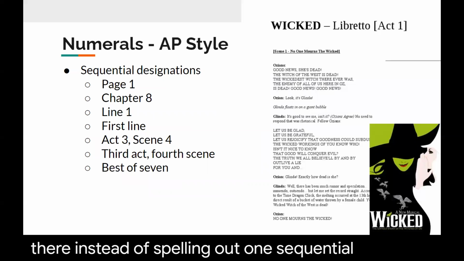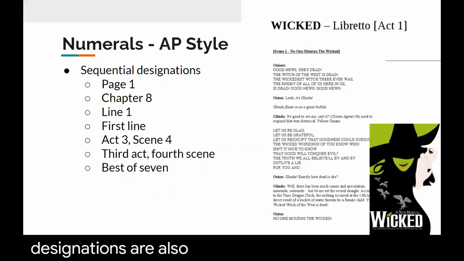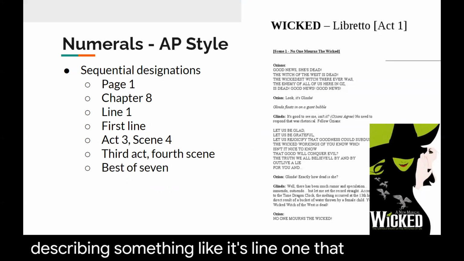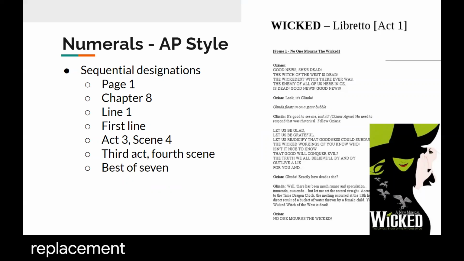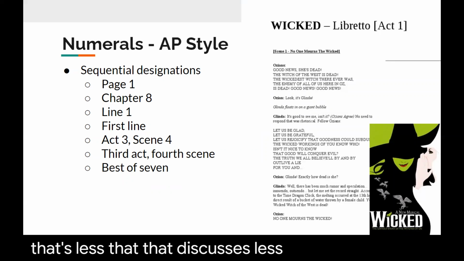Sequential designations also use numeric form, such as page 1, chapter 8, act 3, scene 4. But if you're describing something like line 1, that is like a replacement noun. But if you're saying it's the first line, that discusses less about sequence.